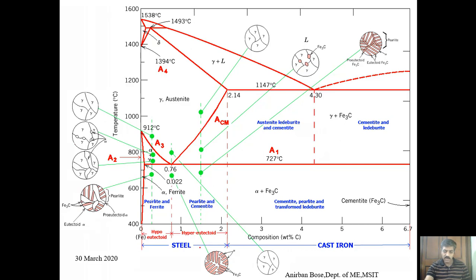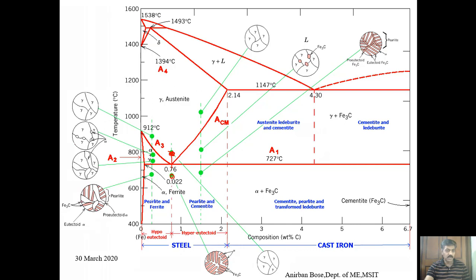A few more things that we can see at least in this diagram: these green dots indicate the structures. What is the structure here? It is austenite. It's a solid phase, so the structure is like this. These are the grain boundaries and this is austenite. Now after transformation, exactly at the eutectoid composition, eutectoid transformation takes place.